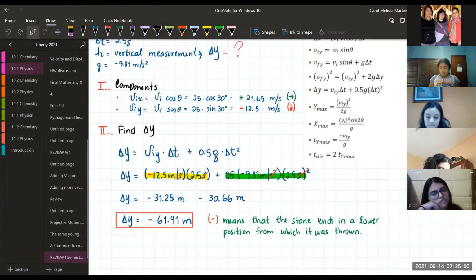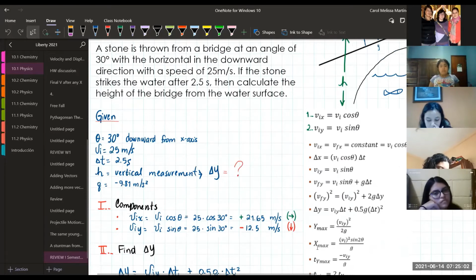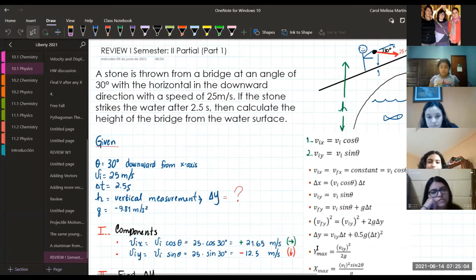But we are not answering the question. The instruction is, calculate the height of the bridge from the water surface. So remember what we do. We put a reference position. So we say that the place at which the stone is being thrown could be the initial position or the origin of the problem.